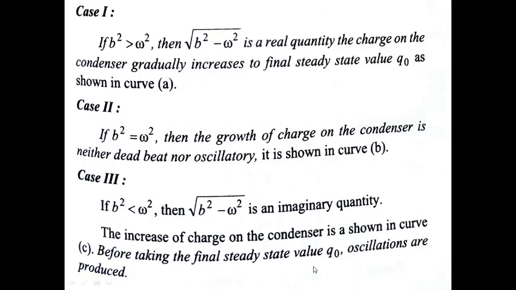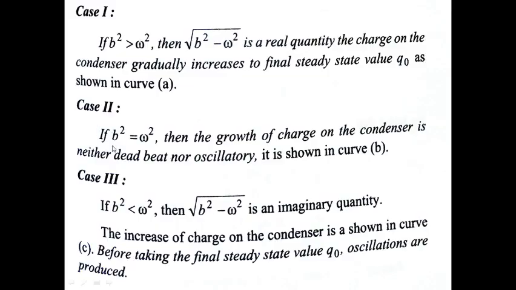Case 1 is that if b square is greater than omega square, then square root of b square minus omega square will be real quantity, and the charge on the condenser will gradually increase to the final steady state value Q0, which is as shown in curve A. So this condition is called as aperiodic or deadbeat.